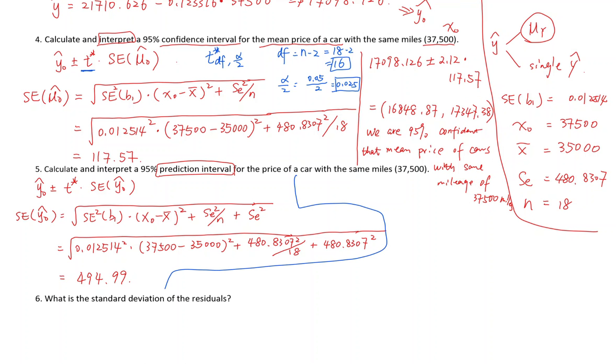Right, and then the confidence interval will be y0 hat, which is the same, 17098.126, plus minus the t star, which is the same because the n is not changed and the alpha over 2 is not changed. So it would still be 2.12 times the standard error of y0 hat, which is 494.99.